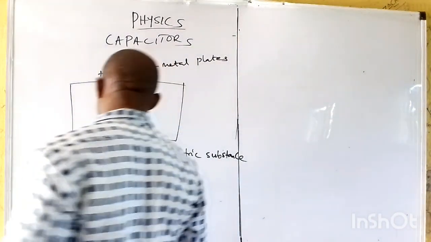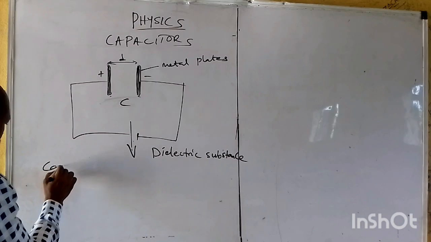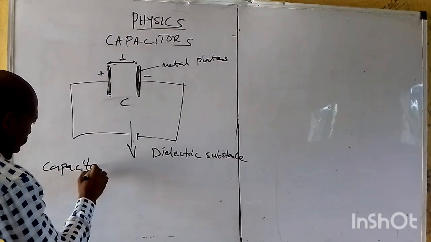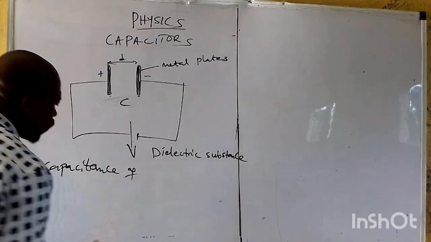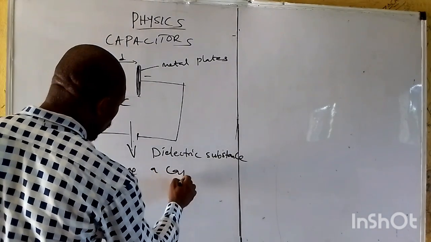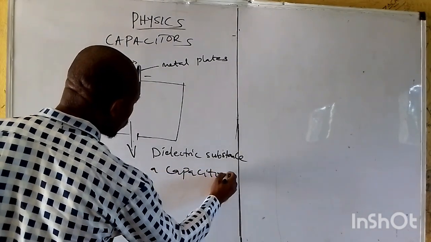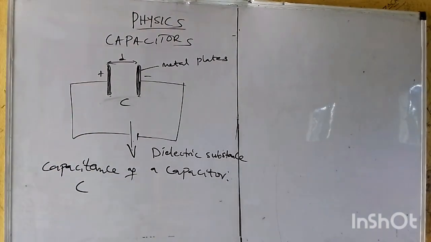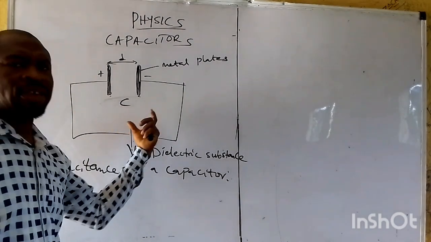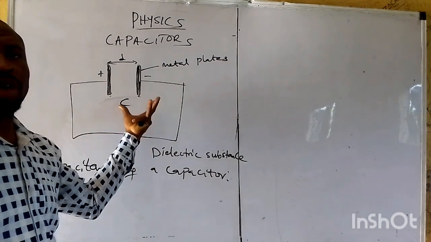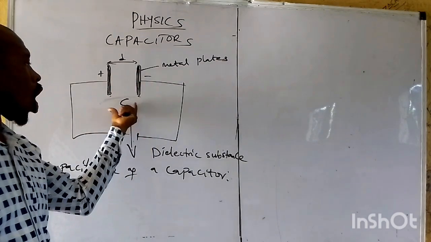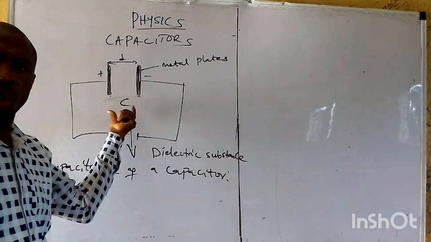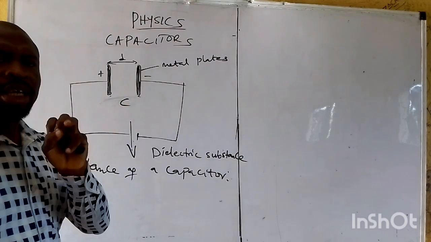After that, we now look at capacitance of a capacitor, C. Capacitance of a capacitor is nothing but the ability of a capacitor to store up charges.